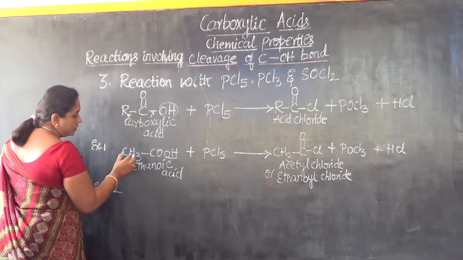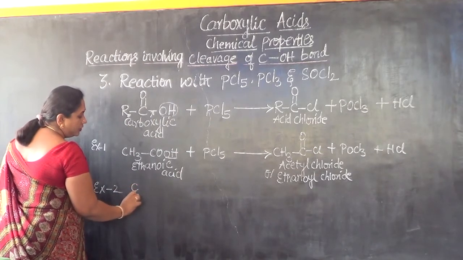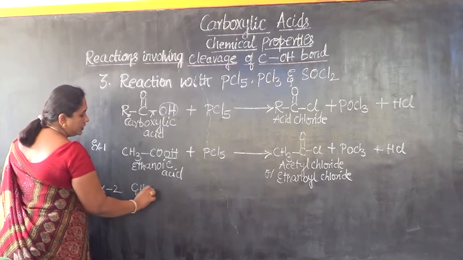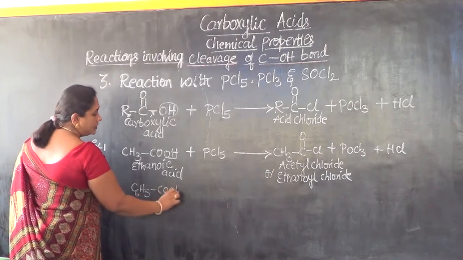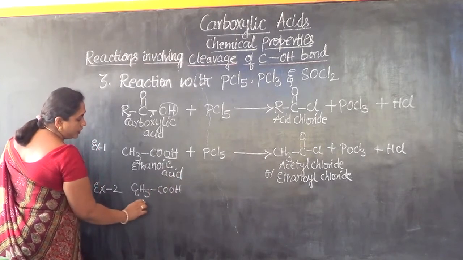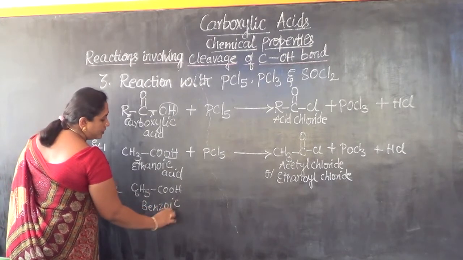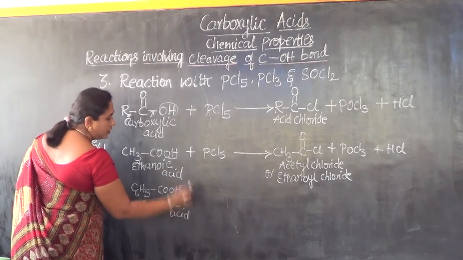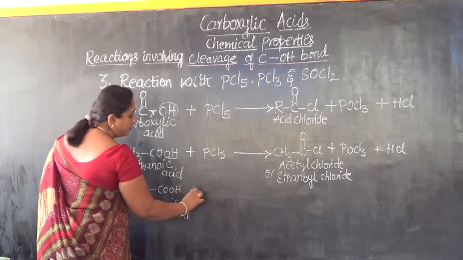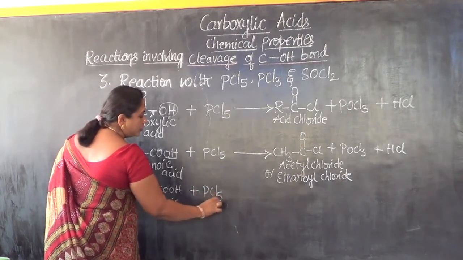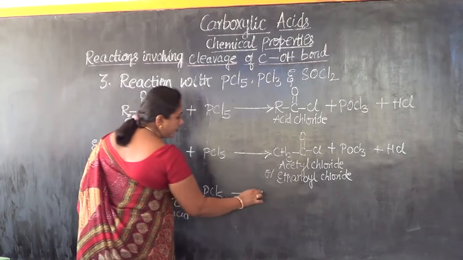We have taken CH3 here. Let us look at the reaction with C6H5. C6H5COOH. The name of the compound is benzoic acid. Benzoic acid reacts with PCl5.